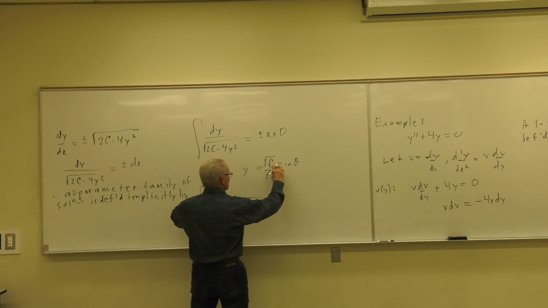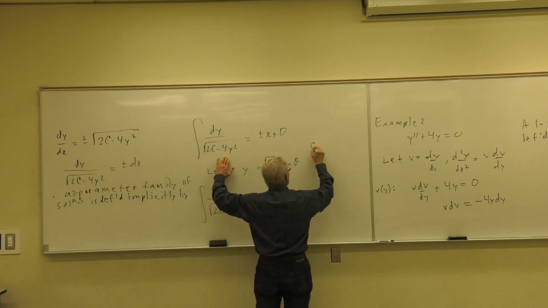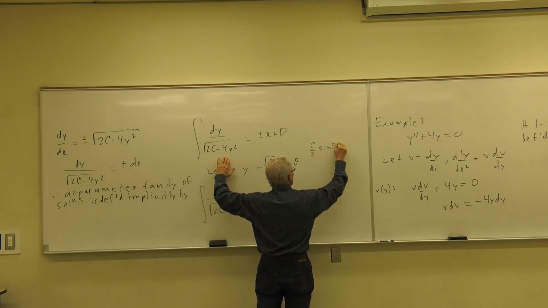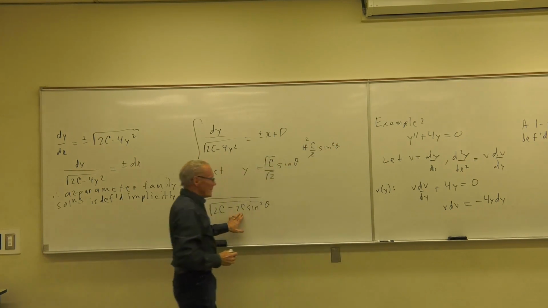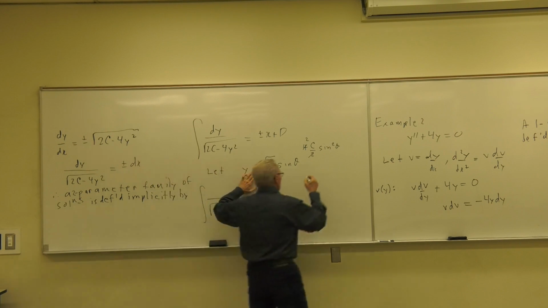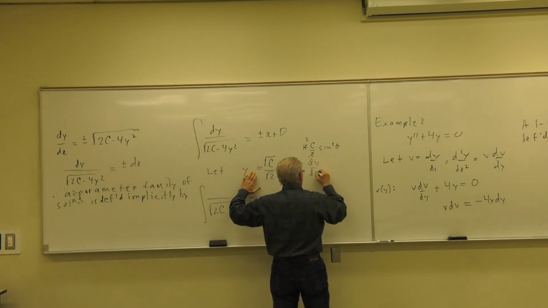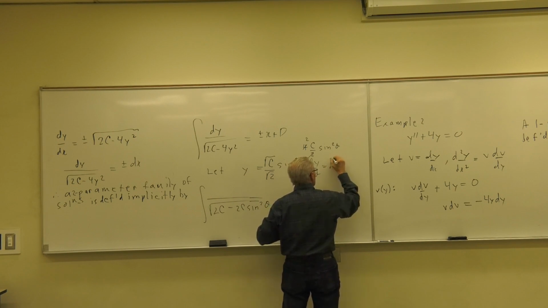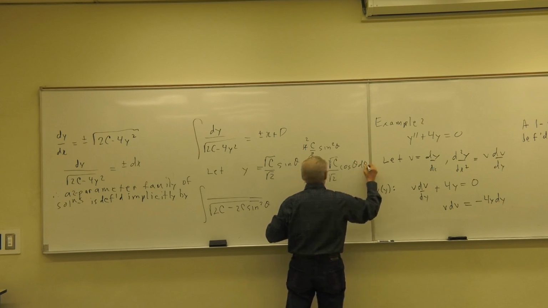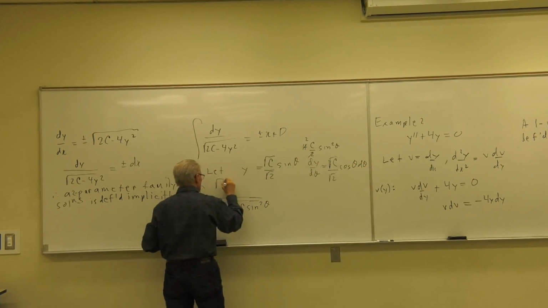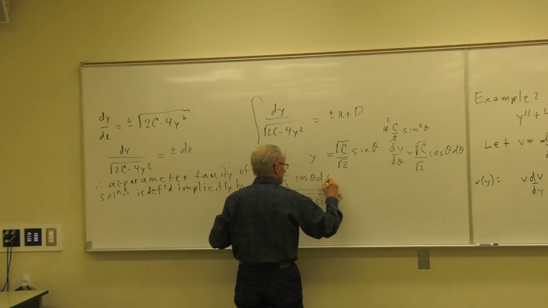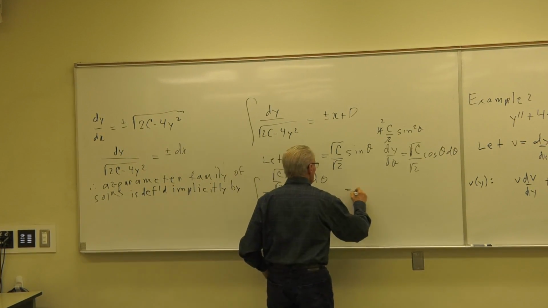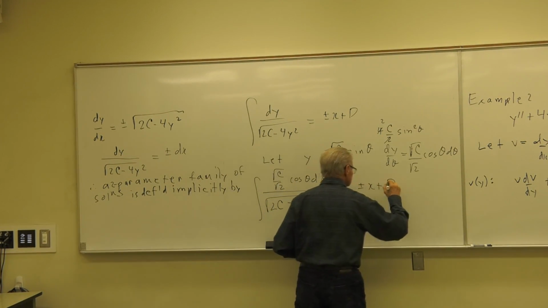All right, so we take this, we square it, we get c over 2 sine squared theta, we multiply by 4, and that's what we get. We need the dy. dy d theta is equal to root c over root 2 cos theta d theta. So on the top end, root c over root 2 cos theta d theta is equal to that, plus or minus x plus d.